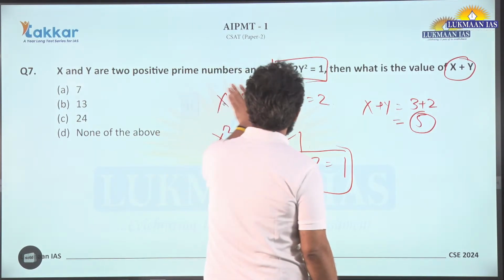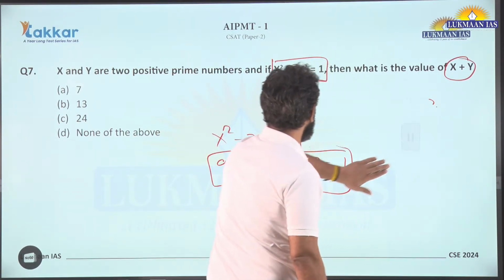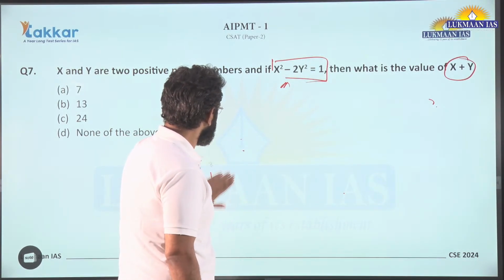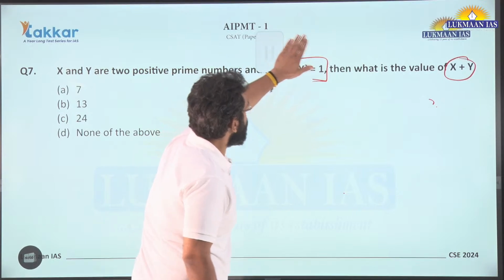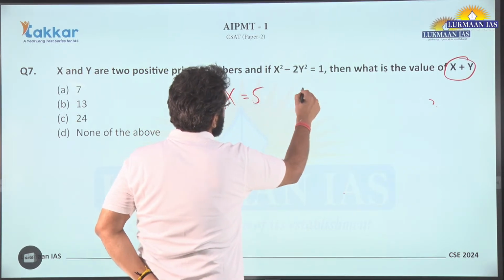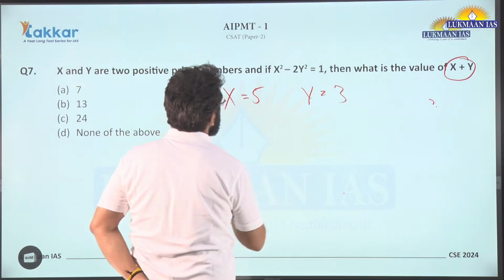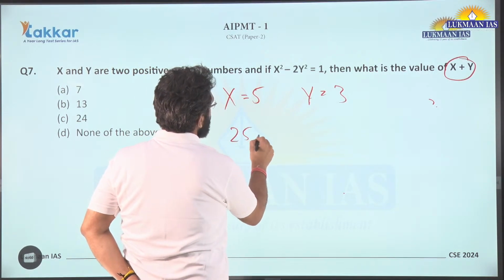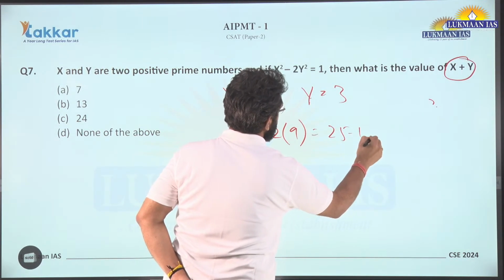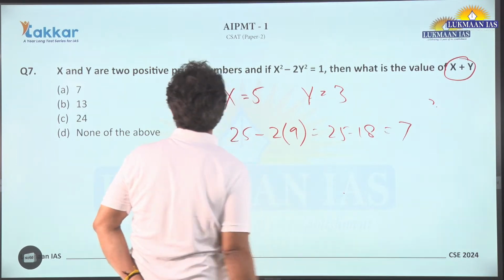But what if we take other values for x and y? Suppose we take x equal to 5 and y equal to 3. It's 25 minus 2 into 9, equal to 25 minus 18, 7.